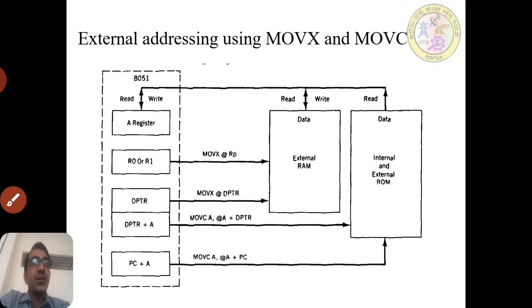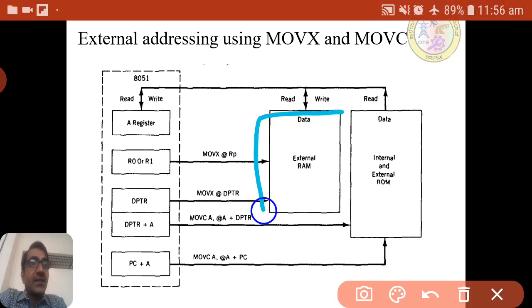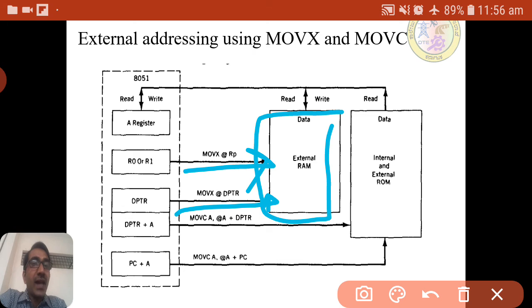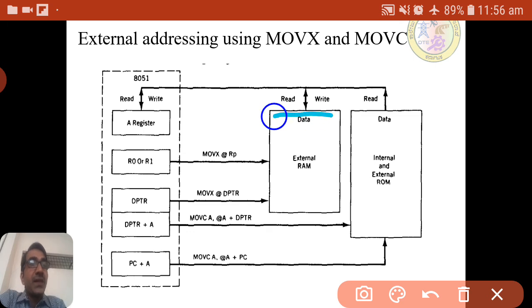If it is external RAM, we need to use MOVX: MOVX with @Ri, meaning @R0 or @R1, and MOVX @DPTR. If it is RAM, we go for MOVX. If it is ROM, we go for MOVC.